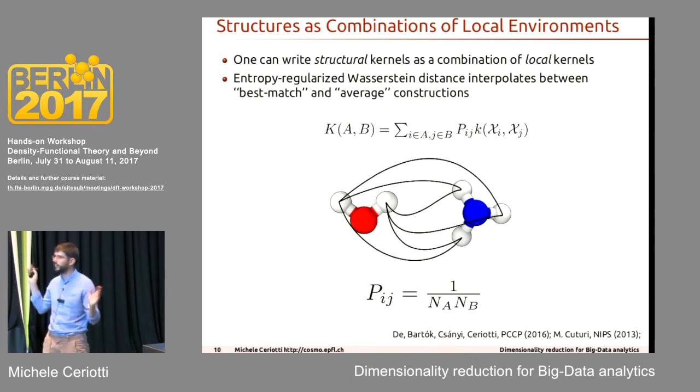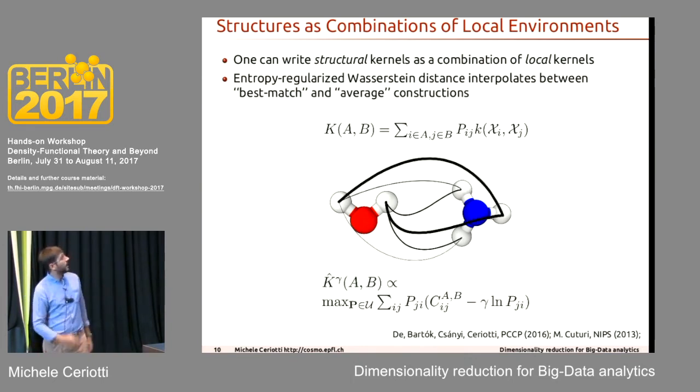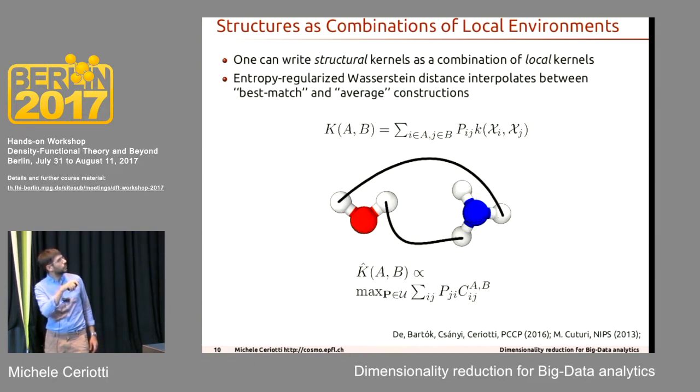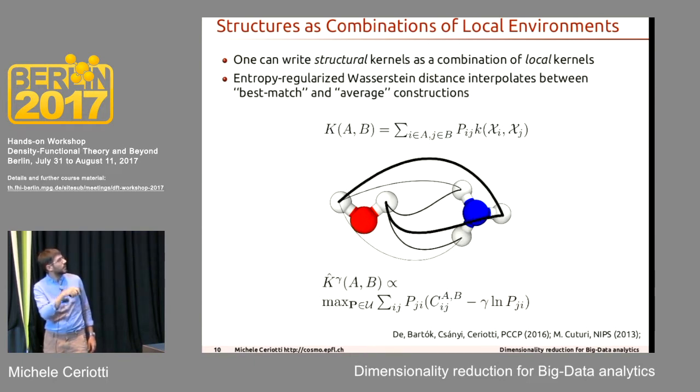I just average over all of the possible pairings. And something that we find works particularly well, as is often the case, is a technique that allows you to interpolate between these two extremes. It looks mathematically complicated, but it's actually cheaper to do than this matching.